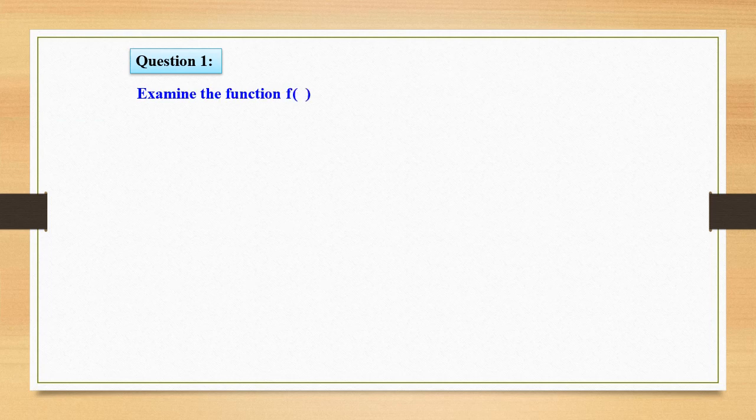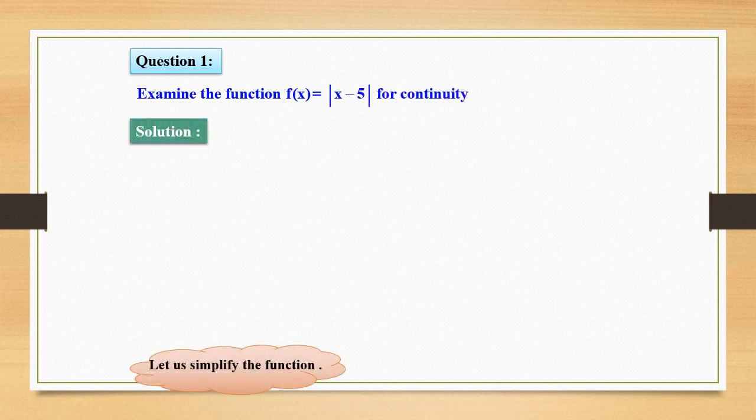Examine the function f of x is equal to mod of x minus 5 for continuity. So first we will discuss the definition of the mod function, and apply the definition to the given example.